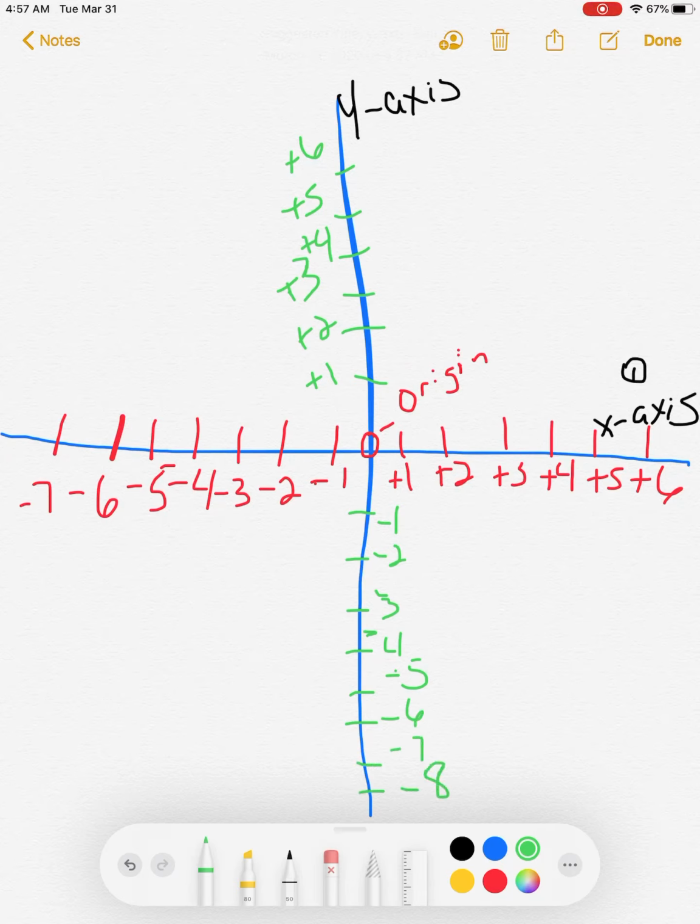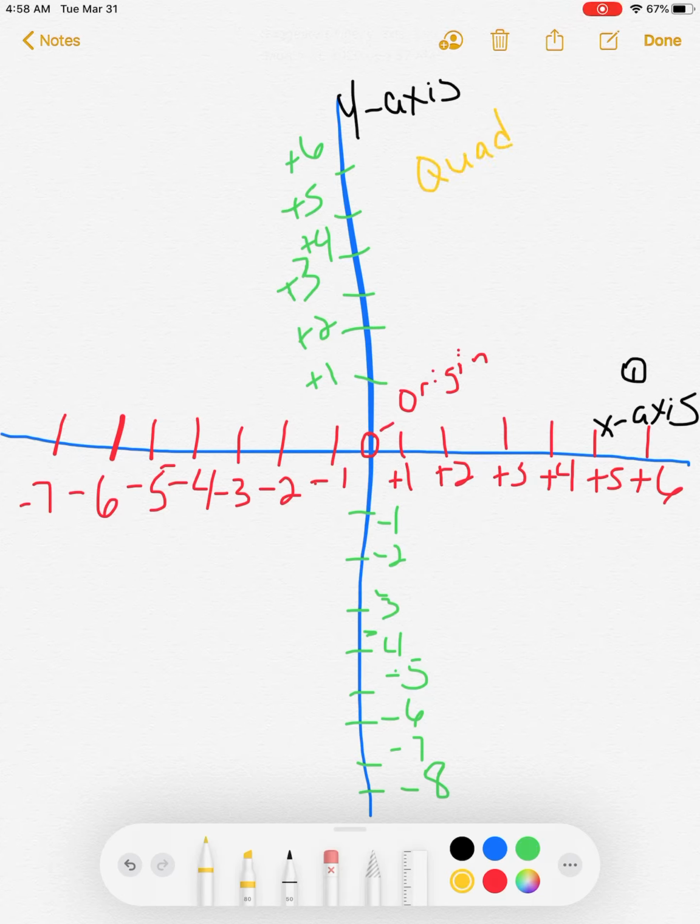Good. Okay, now that we have plotted all of our numbers and our integers, we have to name our quadrants. Each one of these quarters is called a quadrant. And here I'll put the name, quadrants.